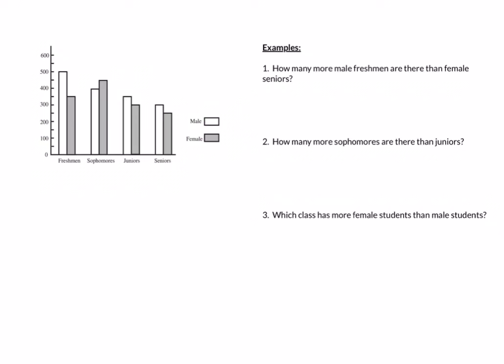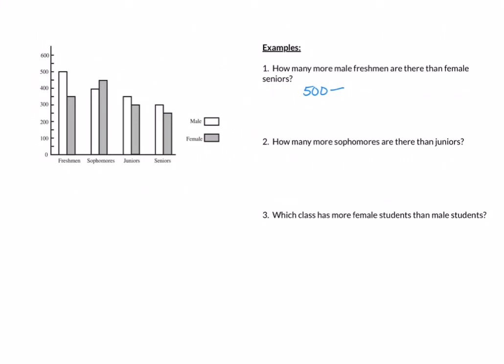So it says how many more male freshmen are there than female seniors. For male freshmen, I'm going to come to my freshman column and look at my white bar. We have 500 male freshmen. Remember that how many more implies subtraction.